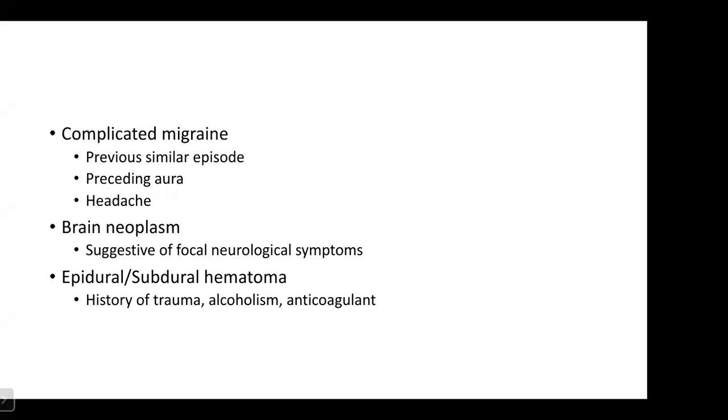If the patient is alcoholic and there is a history of trauma, or the patient is using anticoagulants, there may be a chance of epidural or subdural hematoma. So this can be distinguished with a proper history of trauma, consumption of alcohol, and whether the patient is taking anticoagulant drugs or not.